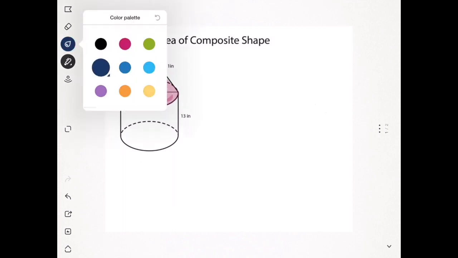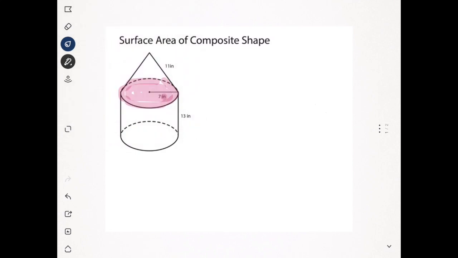Well, we're going to use the formulas that we normally use, but we're not going to use the whole formula because we're only going to need parts of the formula. So for the cone, the surface area of a cone is found by taking pi r squared for that circular base, and then adding pi r times the slant height for the sides of the cone, or that triangular shape that has the curved edge.